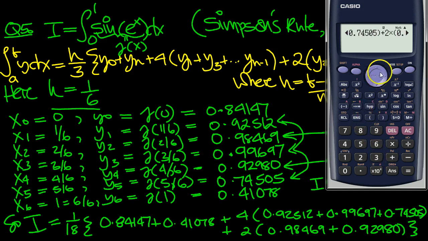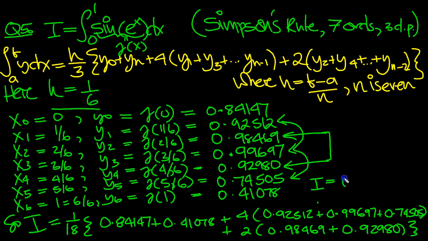Open bracket there, and then there's 2 numbers to add together, close that bracket. 0.87498, but it rounds up. Oh, we're doing to 3, so 49 rounds up to 50, doesn't it? So it's 0.875, and that was to 3 decimal places.